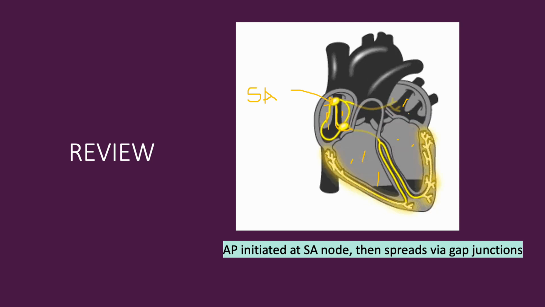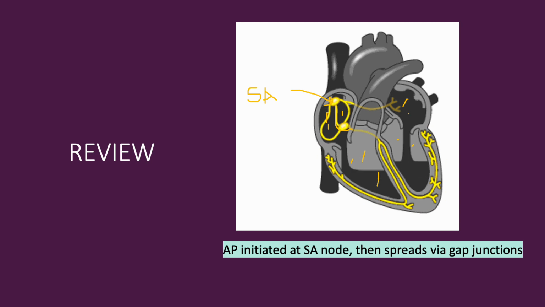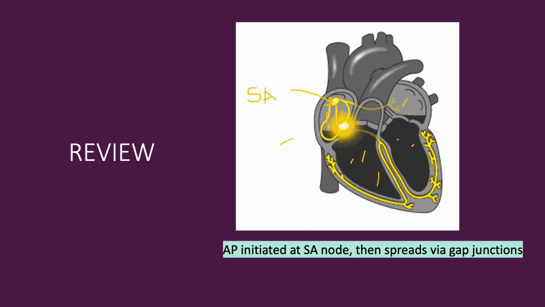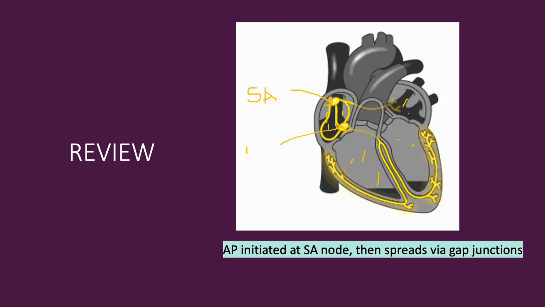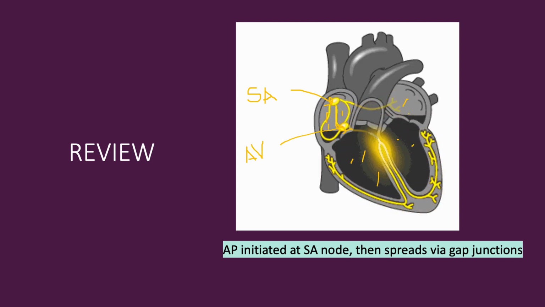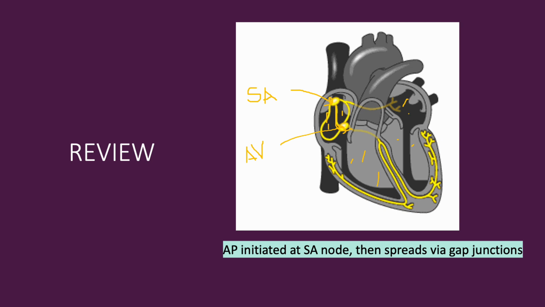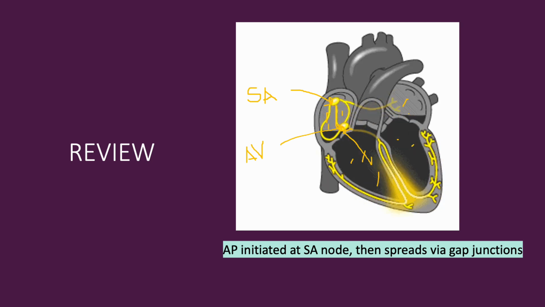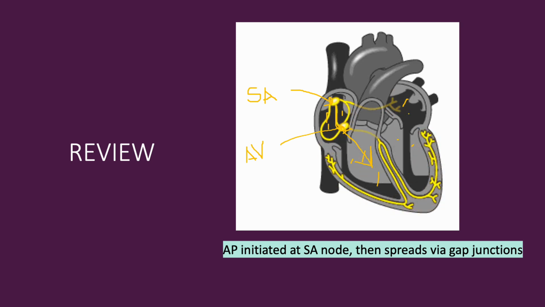So we get contraction of the entire heart as one, albeit at slightly different times due to the delay that occurs at the AV node, right? And you can see that well on this image here. The atria contract first, followed by the ventricles. That is because we need to eject that blood completely from the atria before we start contracting the ventricles.